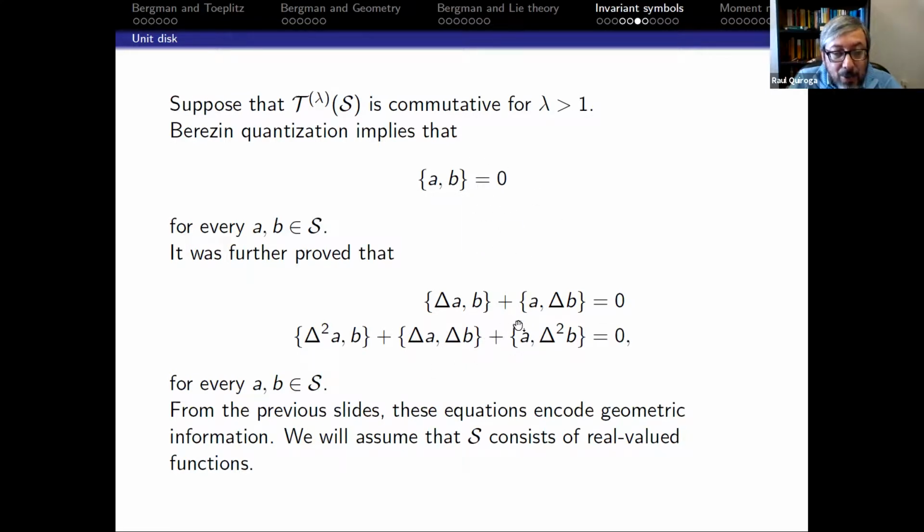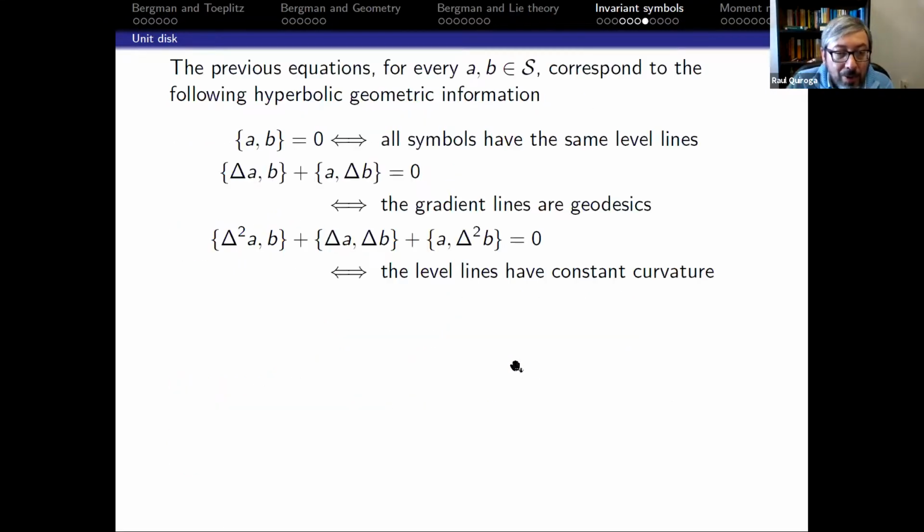Now, conditions can be used to get some geometric information from the symbols. And here is the geometric information that you can get. This one is very simple, very fundamental for any Poisson brackets. The vanishing of Poisson brackets means that the symbols have the same level lines. In this case, we are in 2 real dimensions.